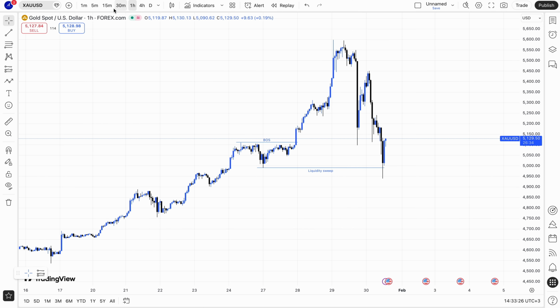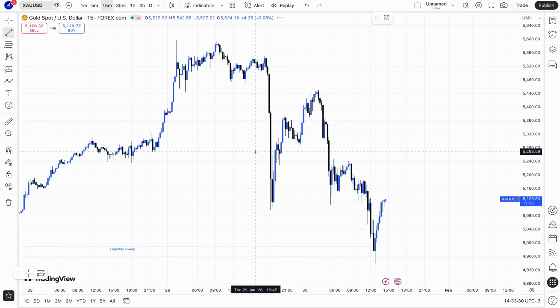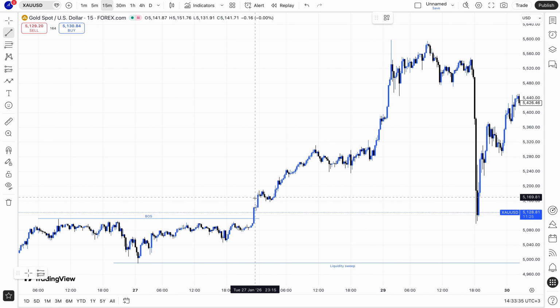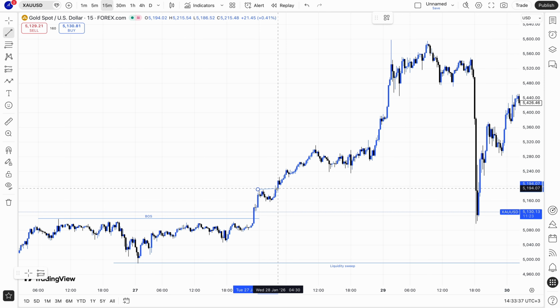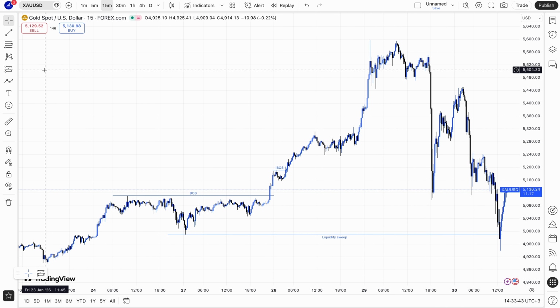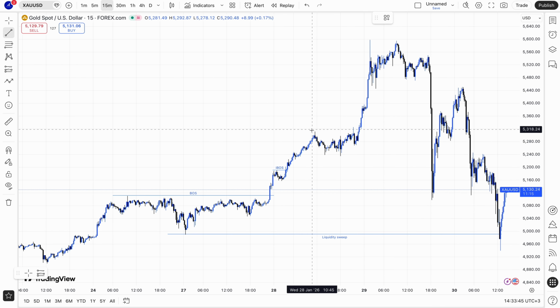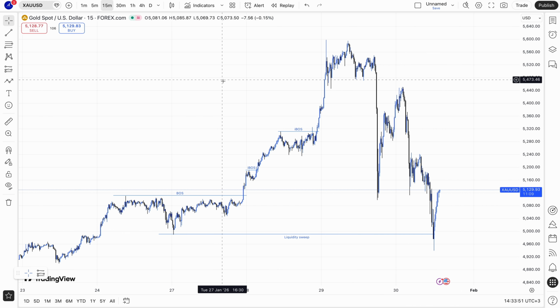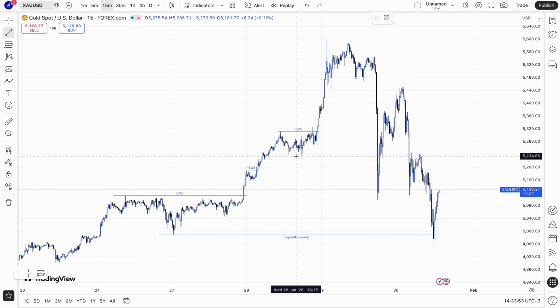Liquidity sweep here. Then you got 15 minutes for break of structure to the upside. And a break of structure to the upside.